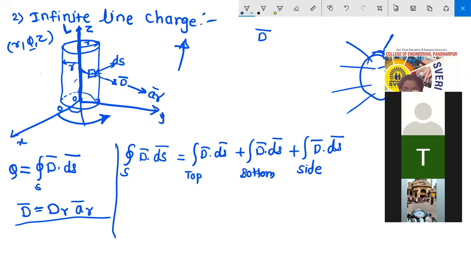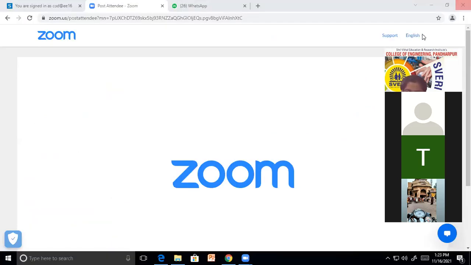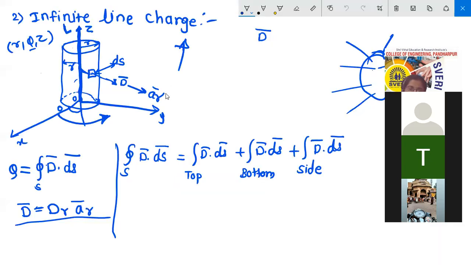All of you getting it or not? Otherwise I have to explain in another way. Side surface, correct. It is in the direction of the side surface.